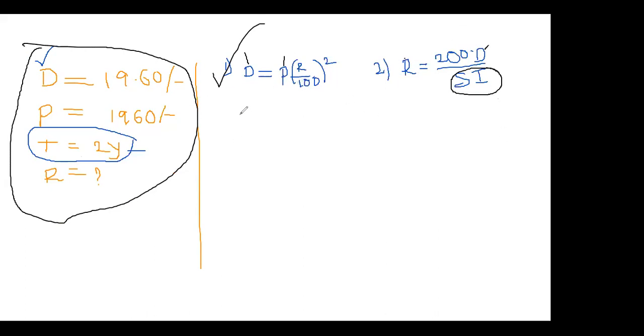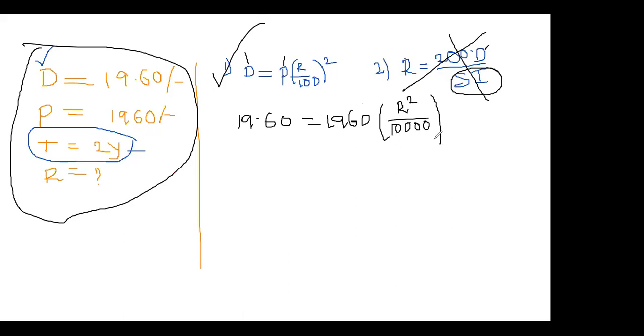Now substitute the values. Here 19.60 is equal to principal 1960 into R square by 100 square, which is 10,000. Then cancel the zeros. Now this is the denominator and this is the numerator.